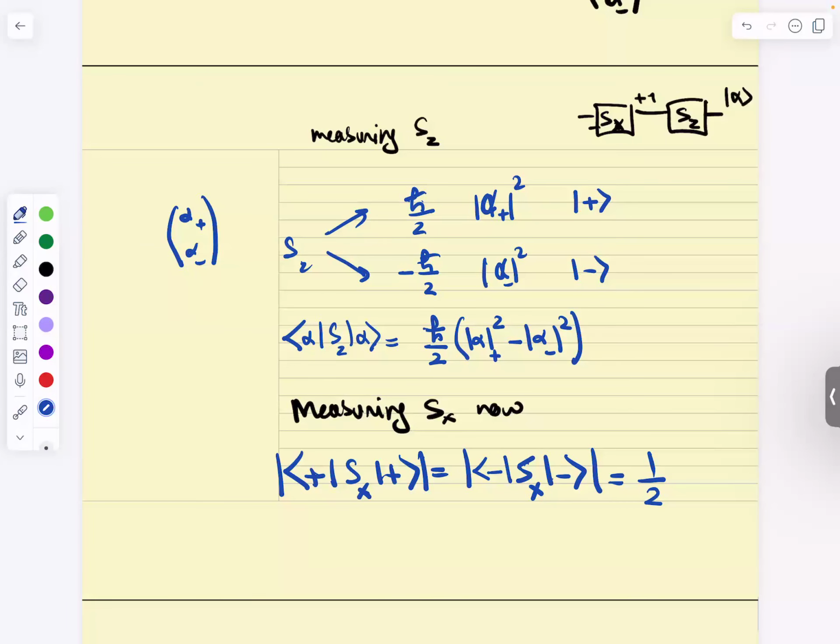Half. Because we saw that when we feed plus 1 to measurement of S of X, half of the time it comes up as plus 1, half of the time it comes at minus 1.